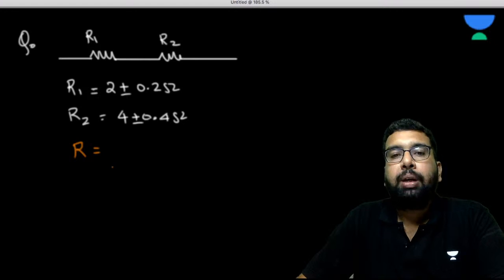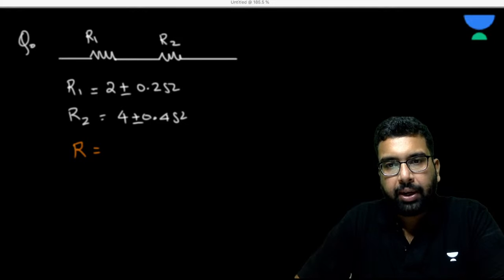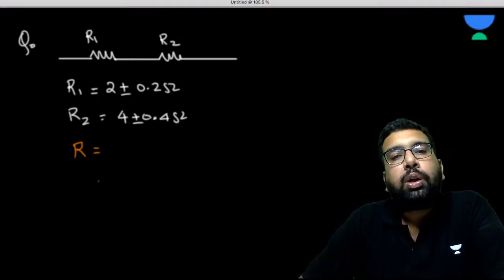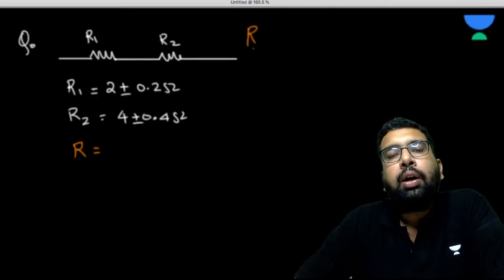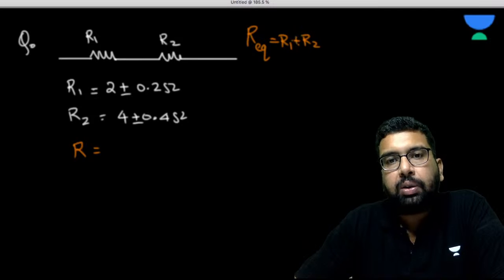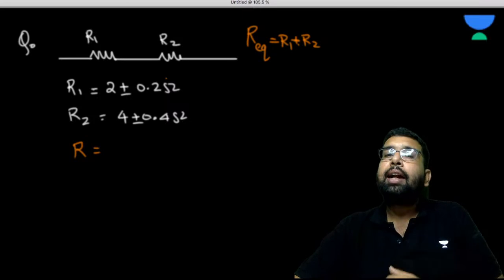You need to give me the final resistance of this circuit. So what is going to be the final resistance? We know when two resistances are connected in series, their equivalent is added. Or is it that till now we haven't done current electricity?